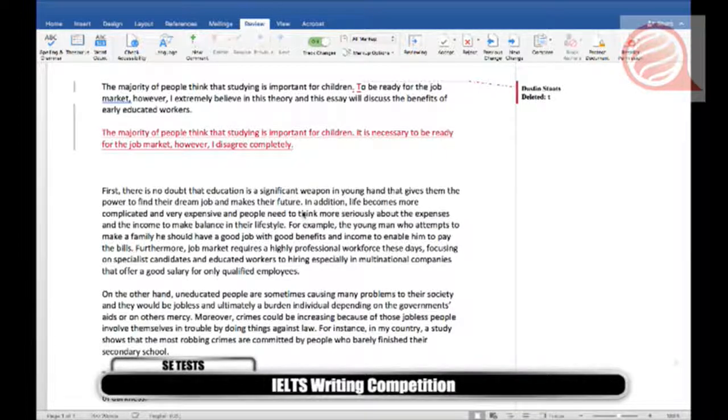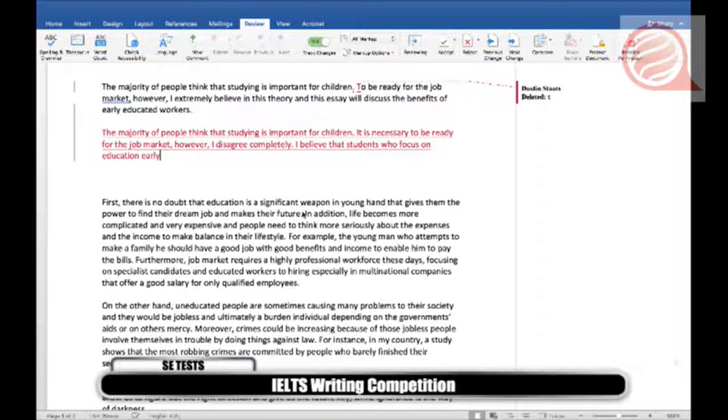And that can be the end of our idea. I believe that students who focus on education early will contribute greatly to society, and, we need a comma there, and not only the workplace.